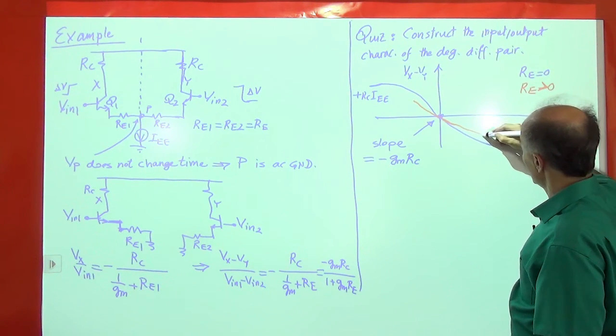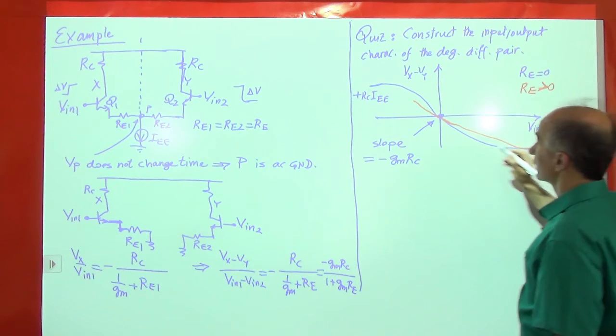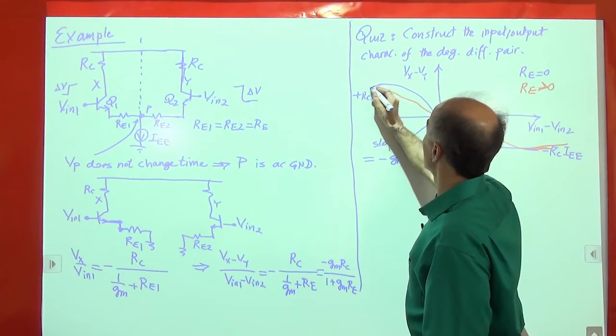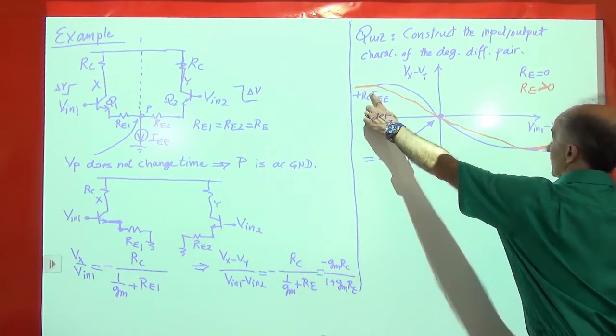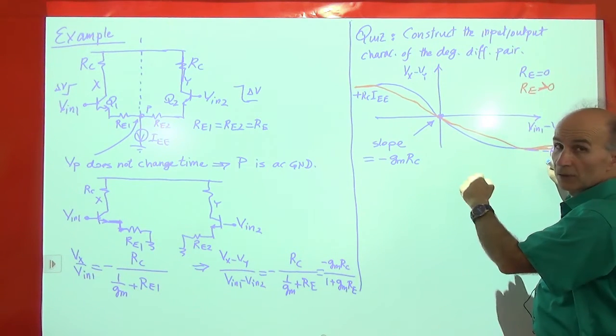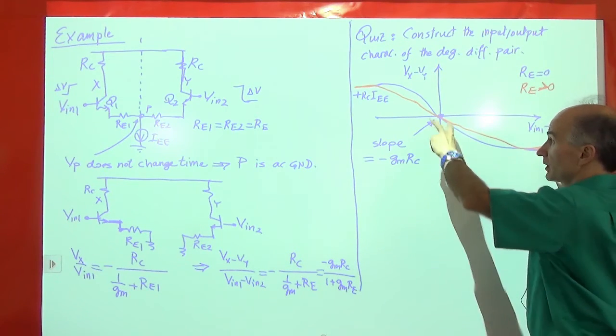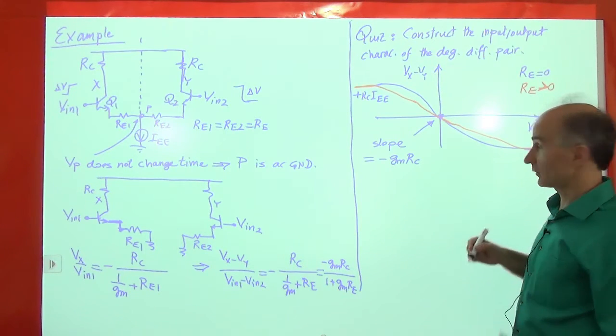So as you can see, this has to go like that, and this has to go like that. So the extreme cases are the same, but the slope around the origin has changed. Due to degeneration, the slope has decreased. It's a less sharp characteristic.